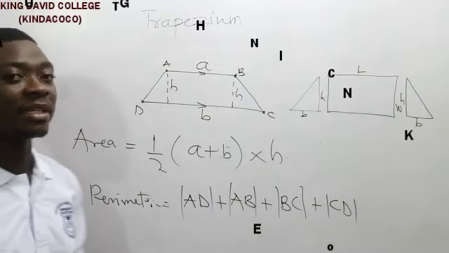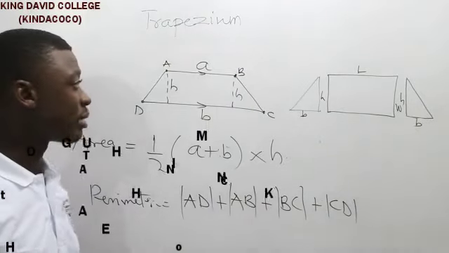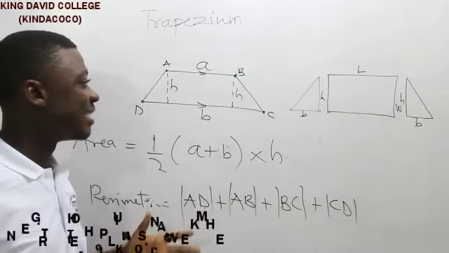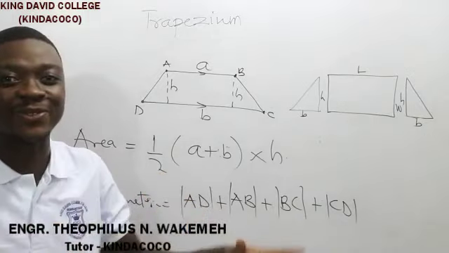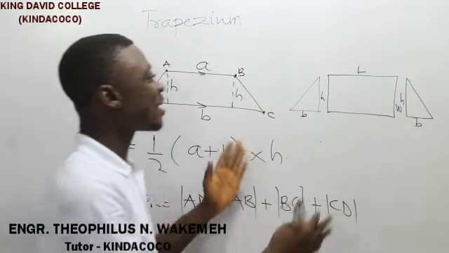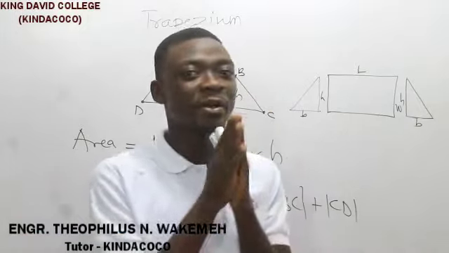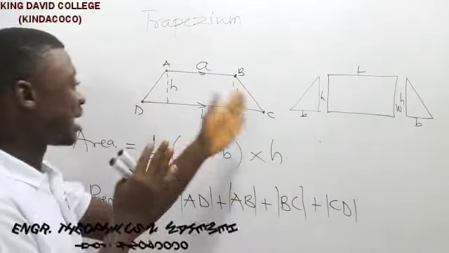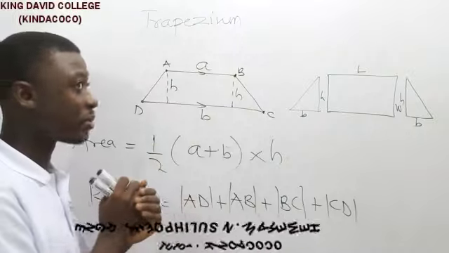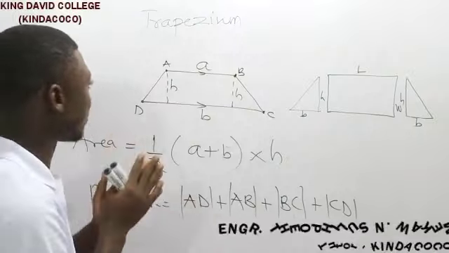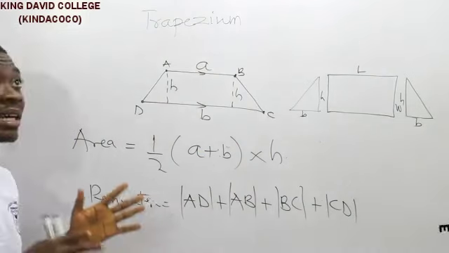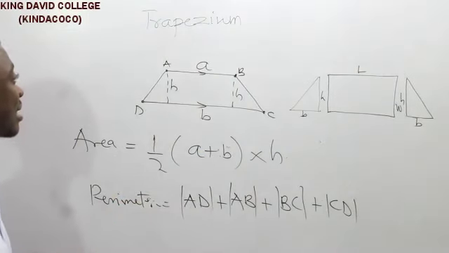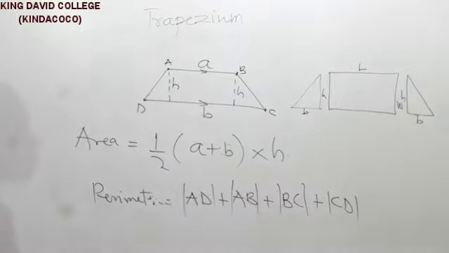So it will turn from distance around to distance within. So please, when you are finding the perimeter, do not disintegrate the trapezium. Just maintain it as it is. Okay, so that is for the trapezium.